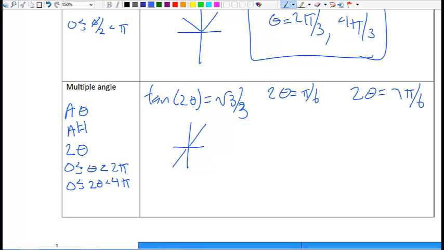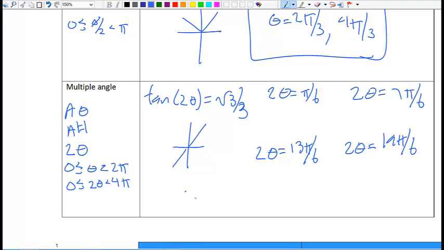But remember, we're dealing with 2 theta here, so I'm going to go around the unit circle one extra time. So if I add 2 pi to pi over 6 and 7 pi over 6, I get 2 theta equals pi over 6 plus 2 pi, which is 13 pi over 6, and 7 pi over 6 plus 2 pi, which gives us 19 pi over 6.